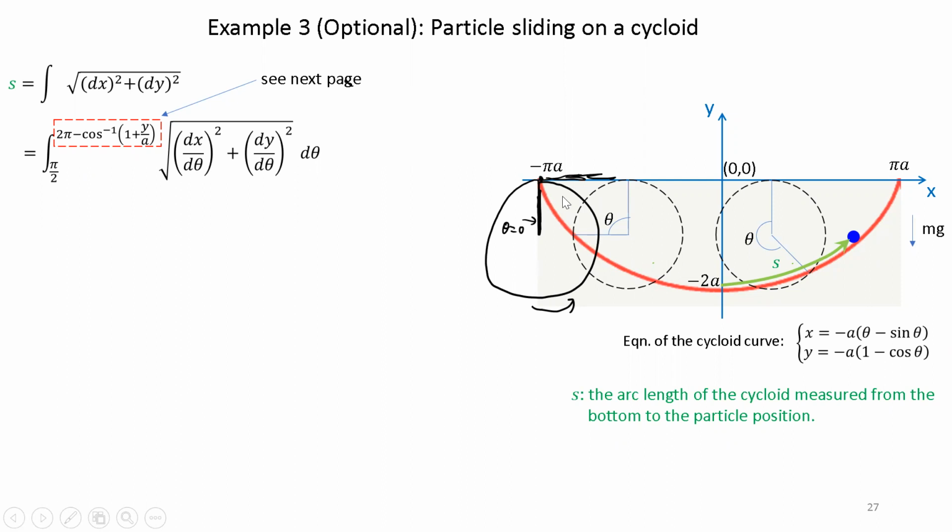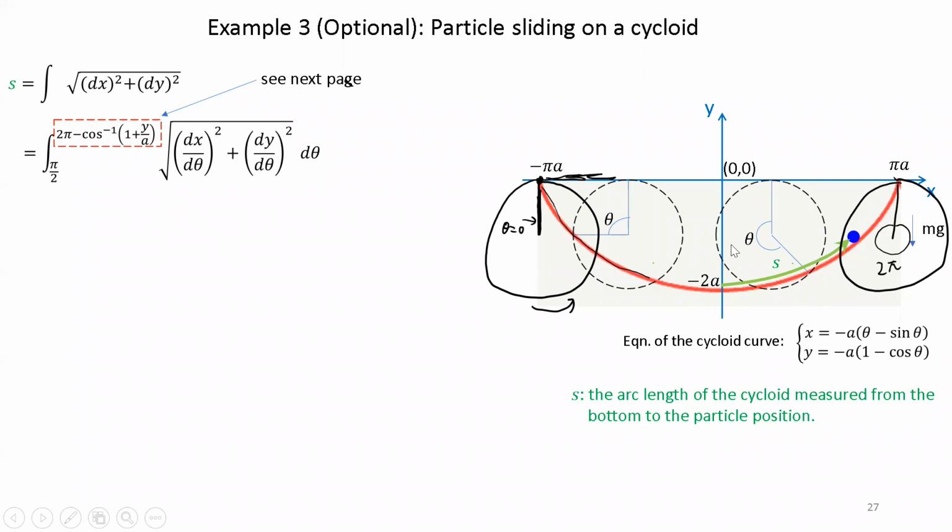This is the point where you put a marker. As it rolls, this point will trace out a trajectory like this, and the theta value will increase as a function of the distance that it rolled. Finally, when it goes here, it completes one complete revolution, that is 2 pi.